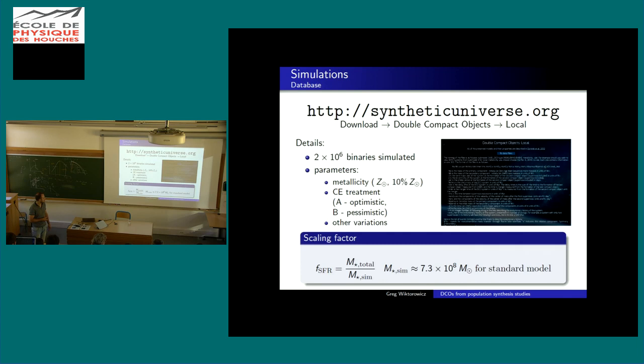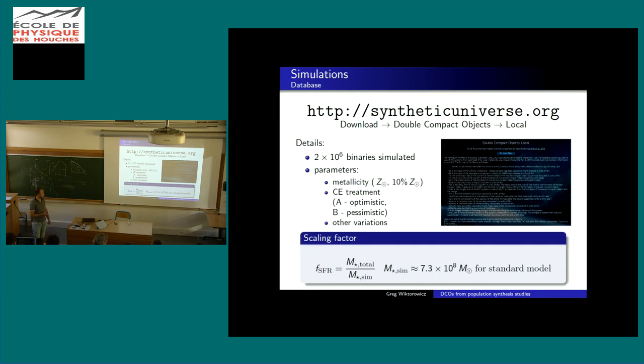And we provide here 2 treatments of the common envelope phase. This one which Chris described yesterday: the optimistic one, A model, which allows for common envelope where the donor is on its Hertzsprung gap phase, and B model, the pessimistic one, where these common envelopes are assumed to merge always.